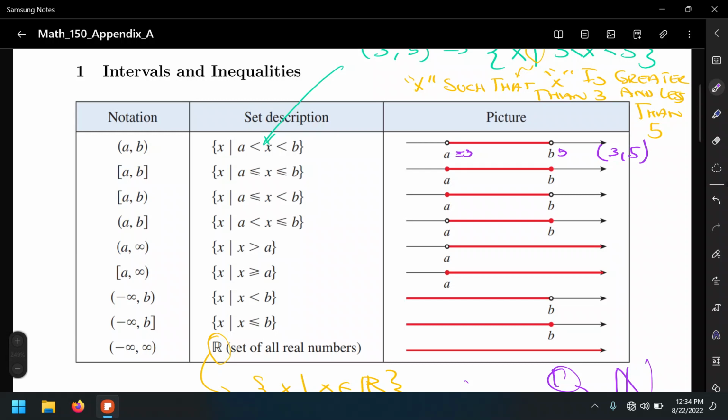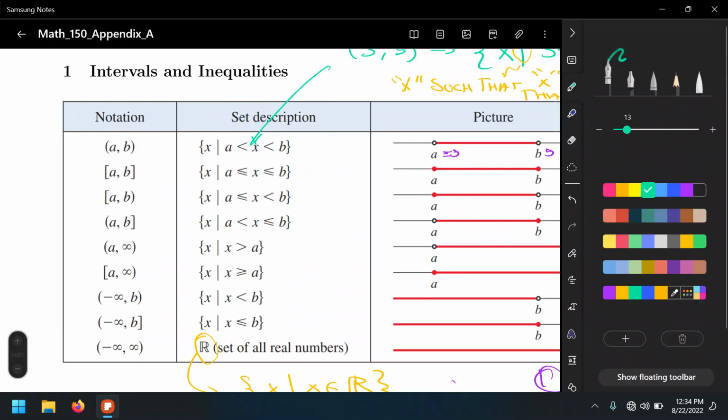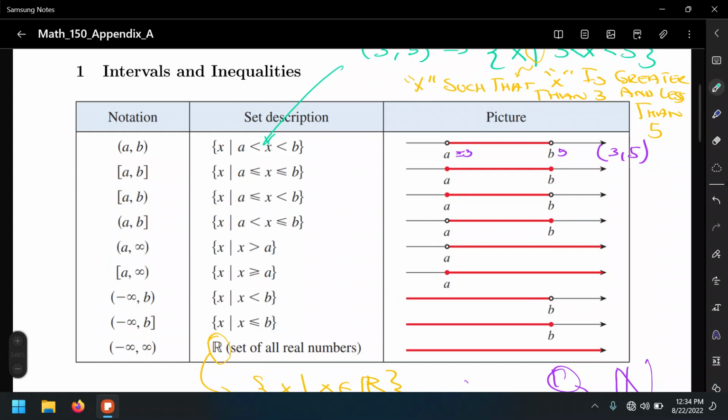So the main point here is, when it comes to describing this as graphs, there's only one main difference: whenever we have open sets, that is parentheses, in the graph they are reflected in the form of open bubbles, open circles.